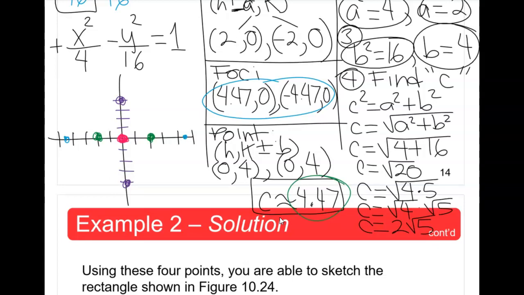And you could see now that the conjugate axis happens to be longer than the transverse axis. That's fine. That's okay. It just may happen. So now one thing we could do is trace that little box from those places.